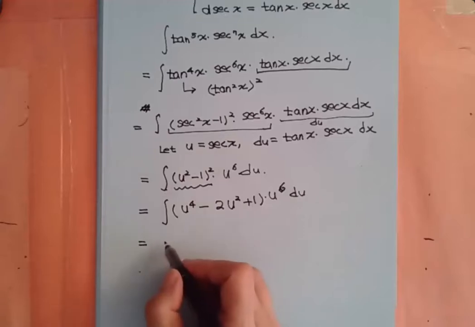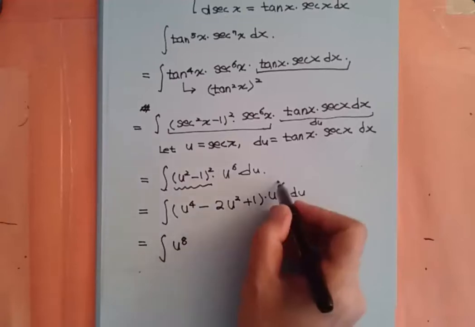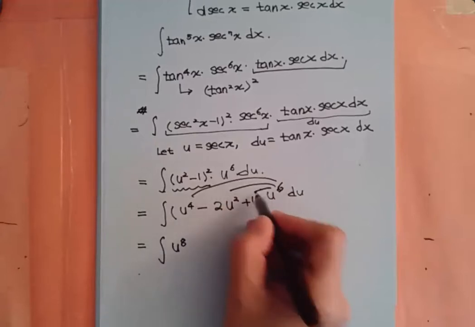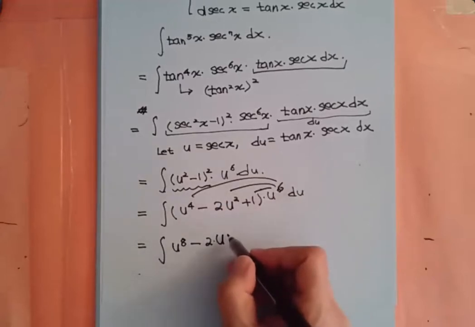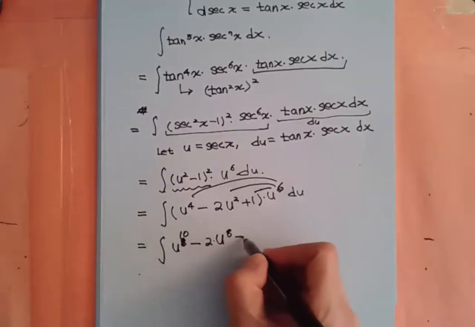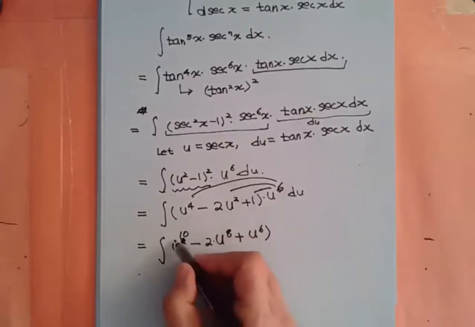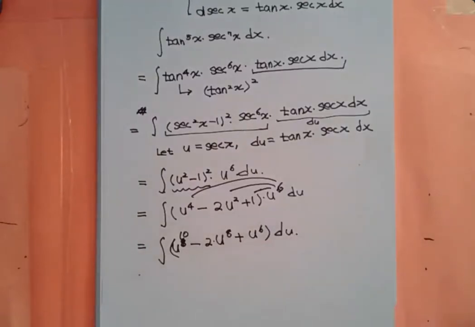So that can be written as u to the 10th power, by distribution, minus 2 times u to the 8th power plus u to the 6th power du. And then the power rule is applied.